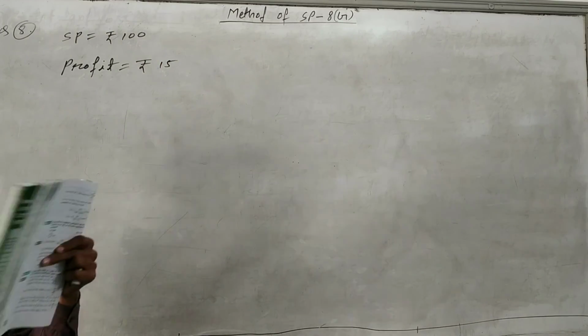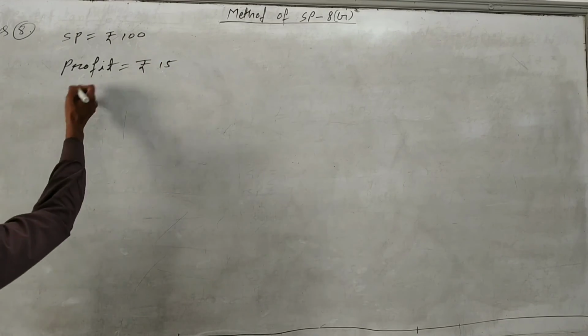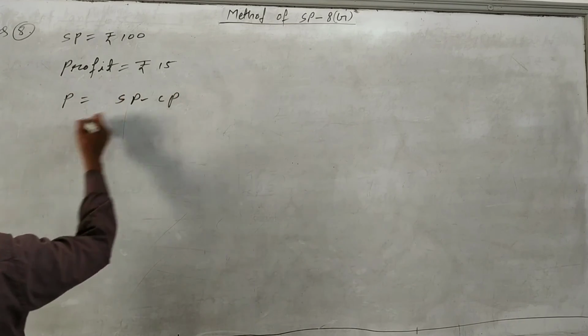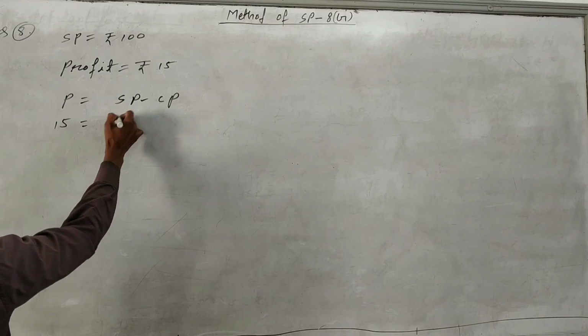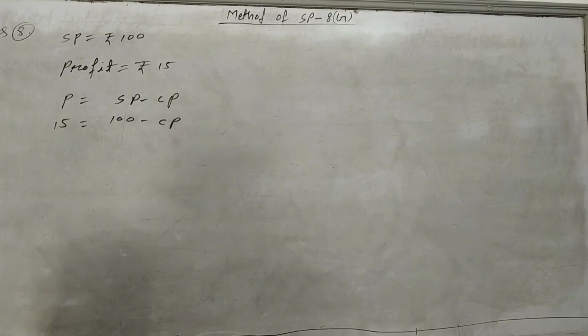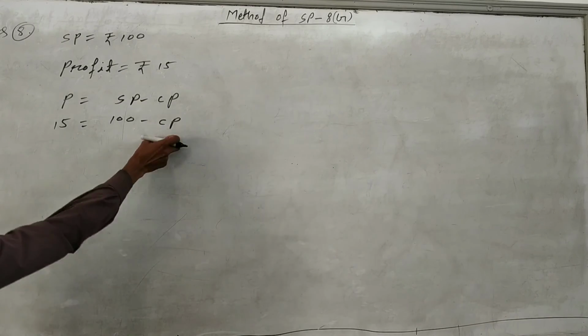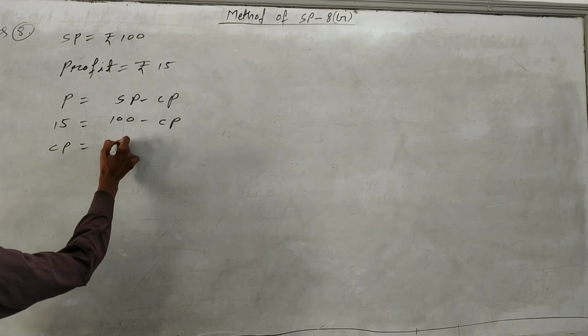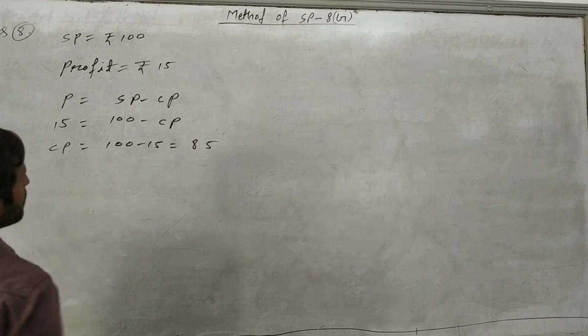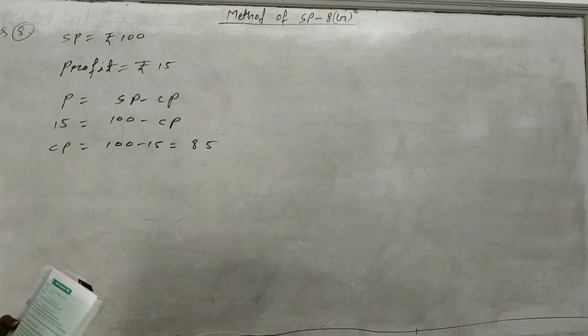First of all you have to find CP. So here the formula is profit is equal to SP minus CP. Profit is given 15 and SP is given 100. We have to find CP. So just transpose like we did in the linear equation. CP will come to this side. So CP is equal to 100 minus 15. It will come 85 rupees. Now you have to find gain percentage.